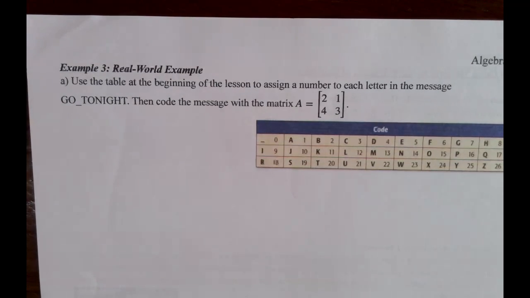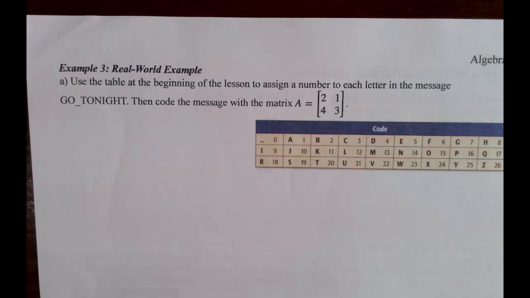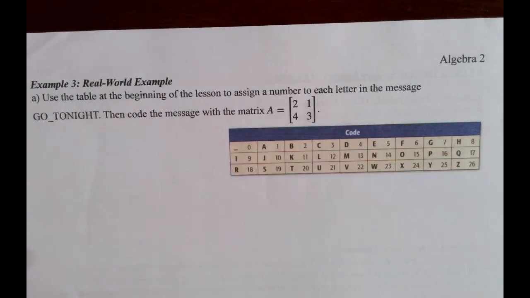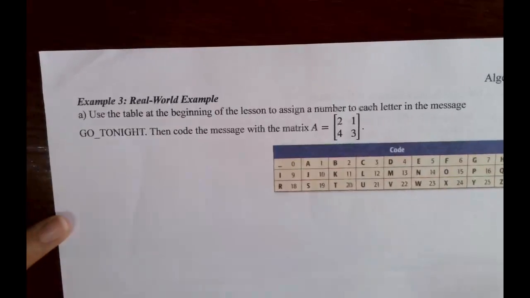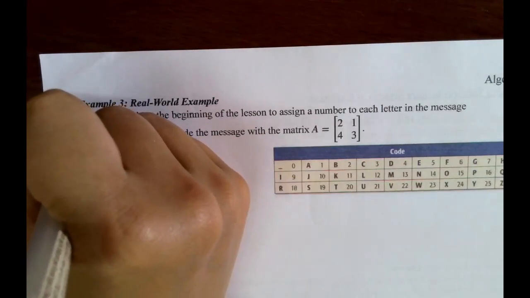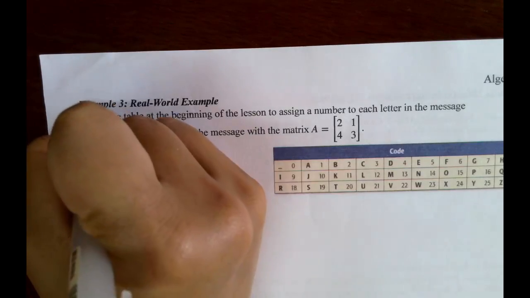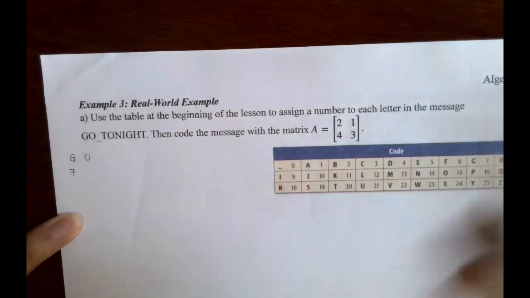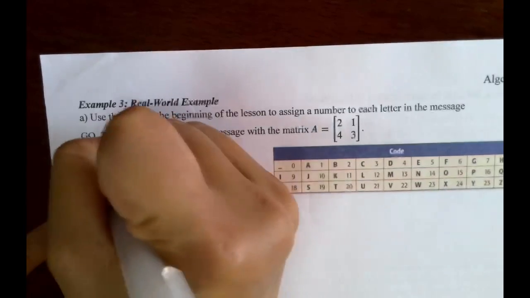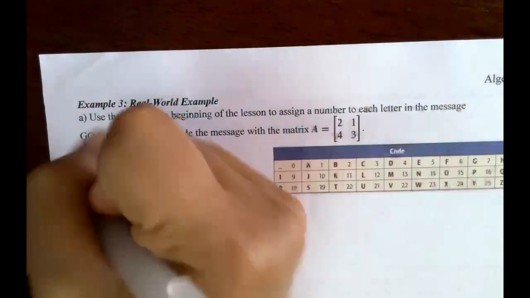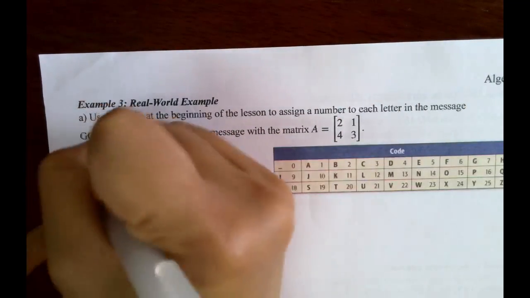Okay. So the first thing we need to do is assign each of these, the "go", the space, and the "tonight", different numbers. So G here is going to be 7. O is going to be 15. The space here is going to be 0.